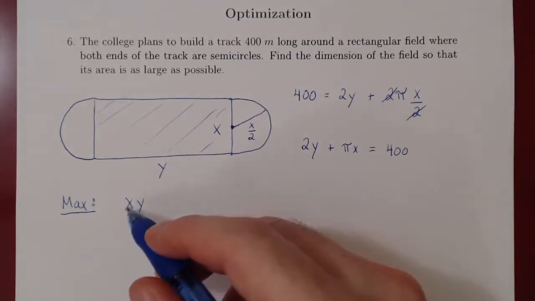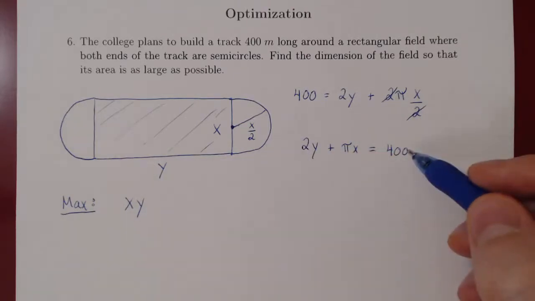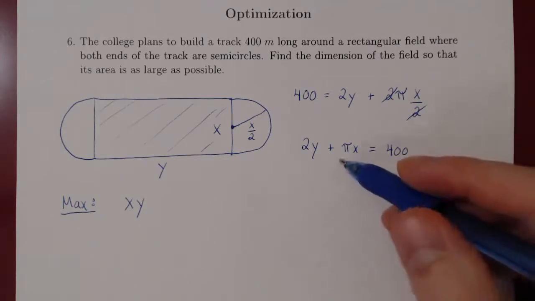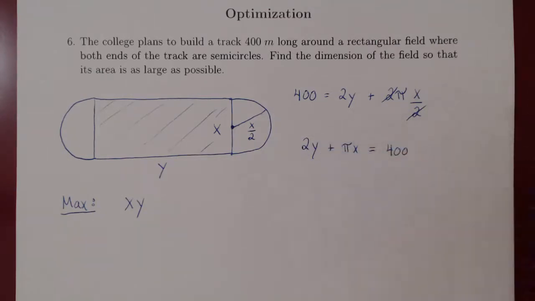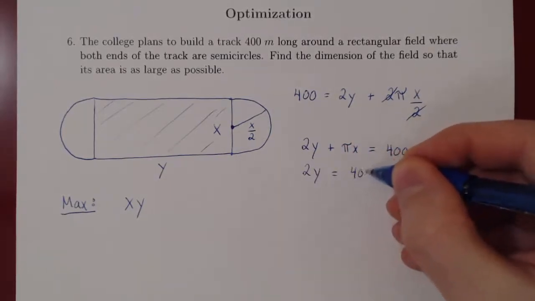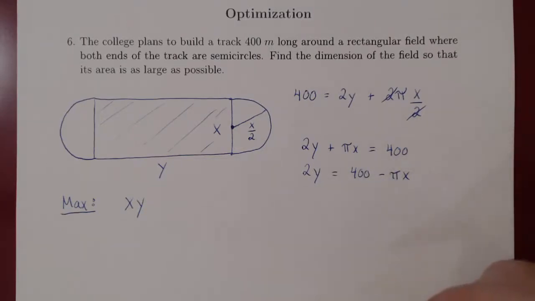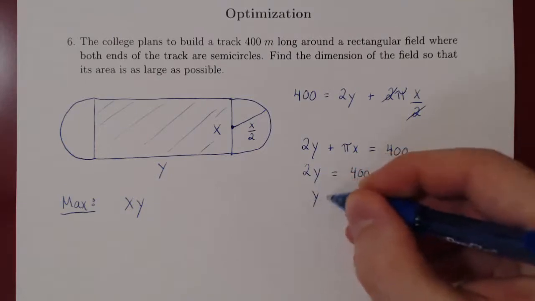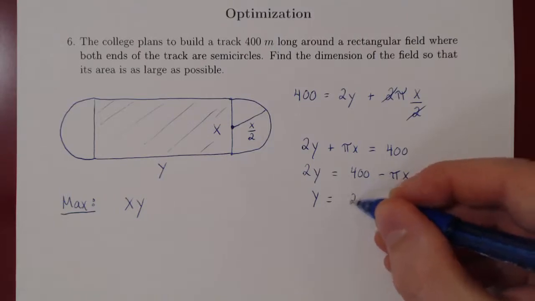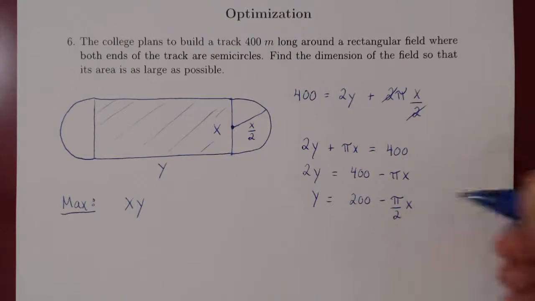On the surface, it looks like we have a function of two variables, x and y, but if you look at our equality here, we can replace one as a function of the other. Let's isolate y here as a function of x. So 2y will be equal to 400 minus pi x, multiply across by 1/2, and so y is simply 400 over 2, that's 200, minus pi over 2 x.